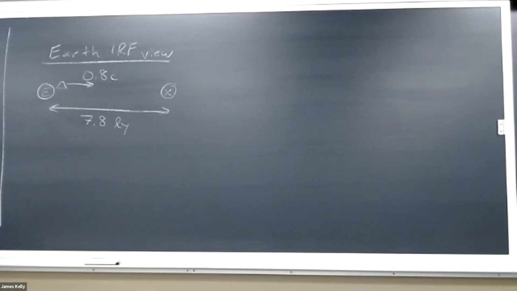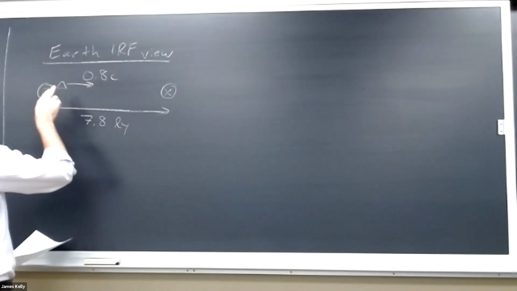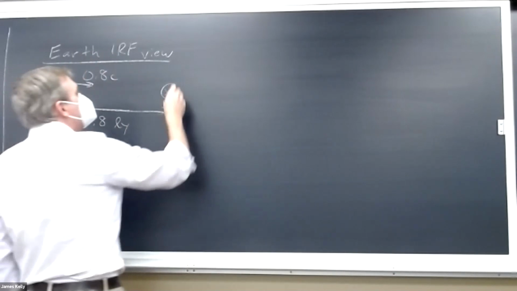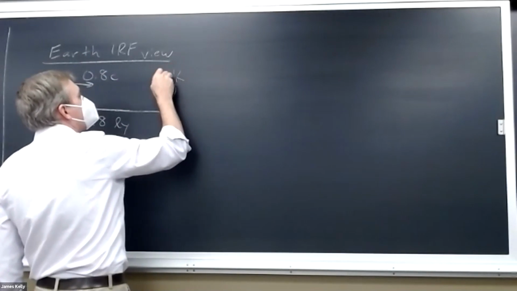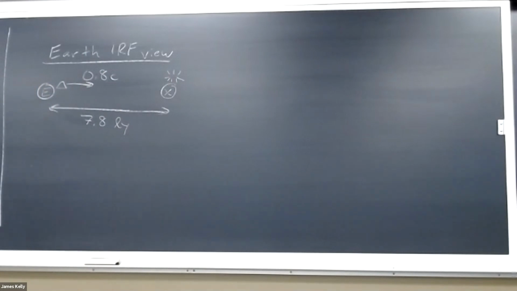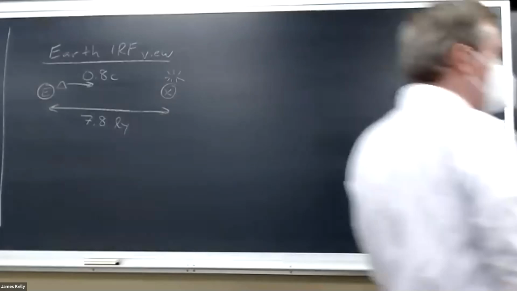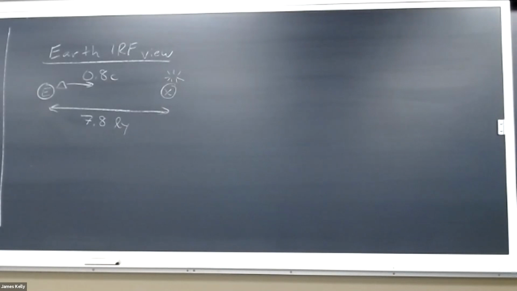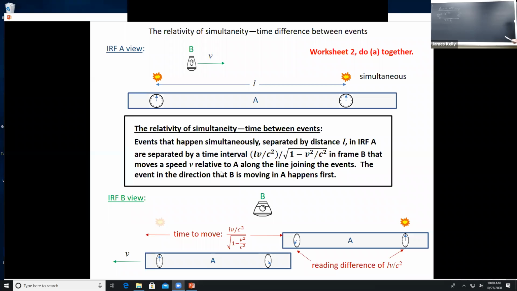In the ship's IRF, at the time the ship has just left Earth, did the asteroid collision event happen in the past or will it happen in the future? So from the Earth's IRF point of view, at this instant in time, there's a big explosion over here on X. That's the same instant, same time that is happening. The ship leaves Earth and it happens at the same time. Now let me just briefly go back to the slides and have you answer that question, given the information there.